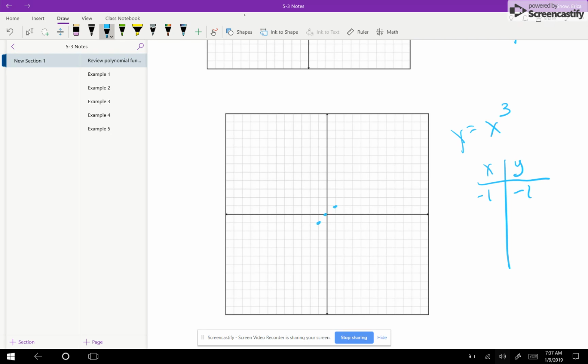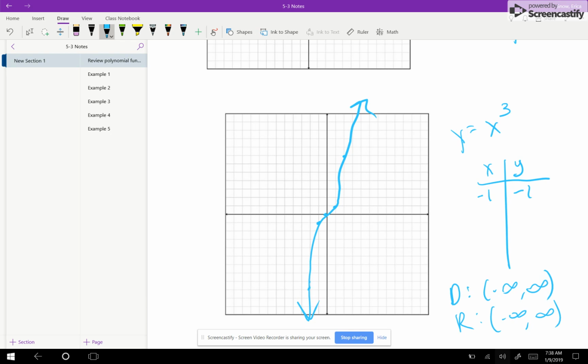And it looks something like this. And it gets steeper and steeper the further up and down you go. But the domain on these is negative infinity to infinity. And the range is also negative infinity to infinity.